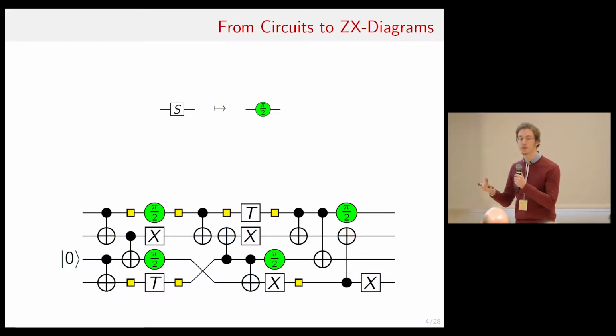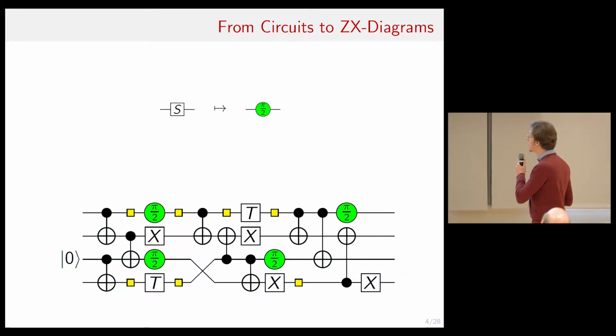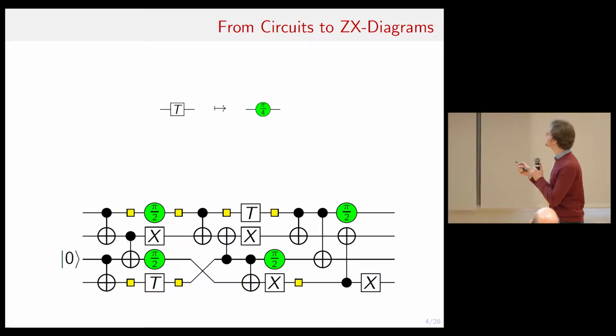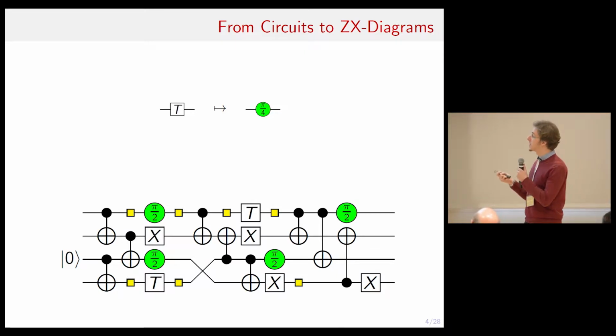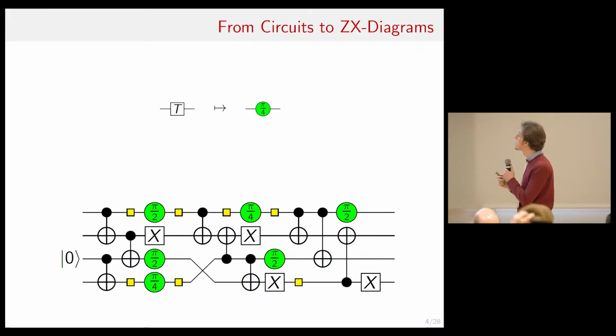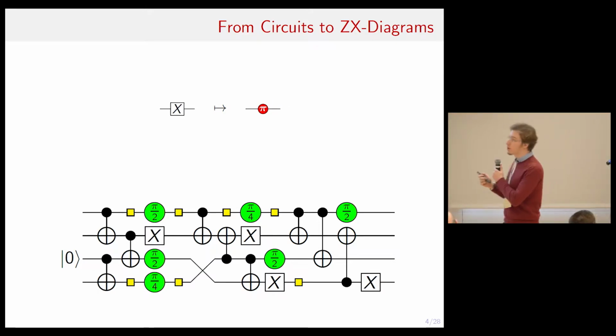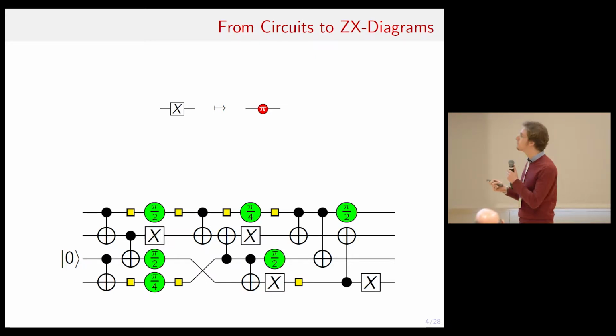And the parameter represents the rotation of the gate. Similarly, for the T gate, it's a rotation around the same axis, but this time of angle pi over 4. So it's exactly the same node, but with a different parameter. Then the X gate will be represented by a red node with angle pi in it.